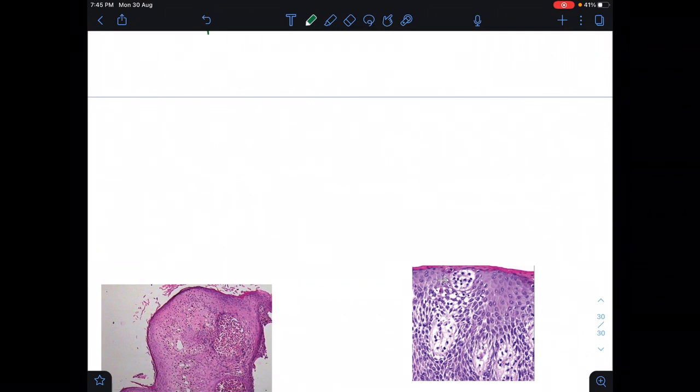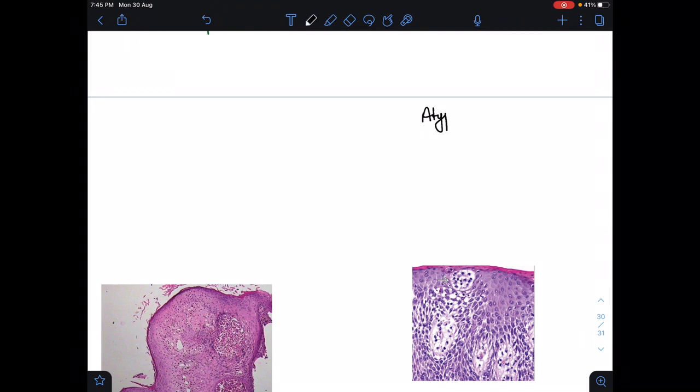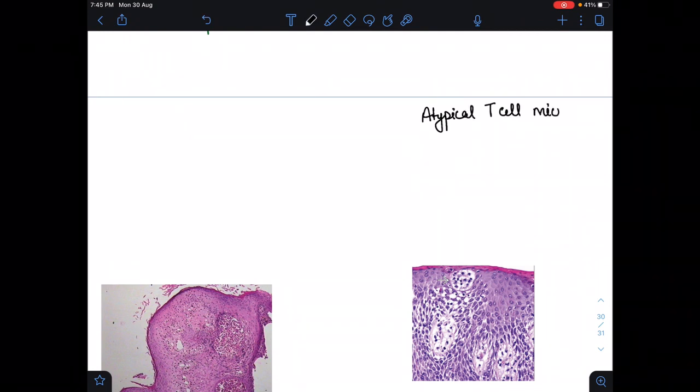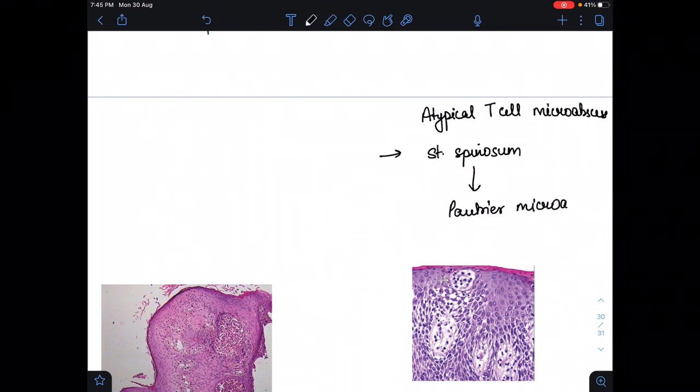So in the atypical T cell microabscess, the first point is that it is seen in the stratum spinosum layer. And in this we find the Pautrier microabscess.